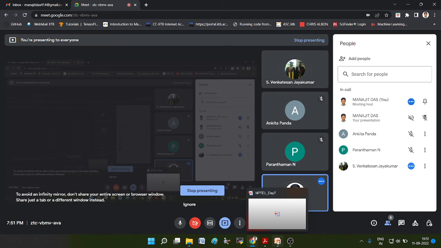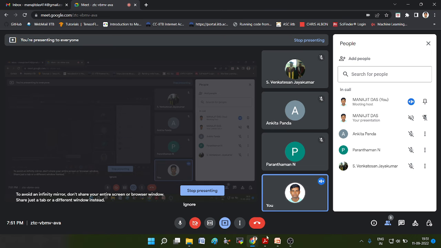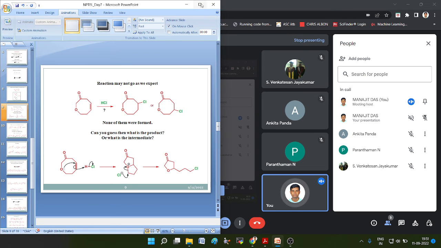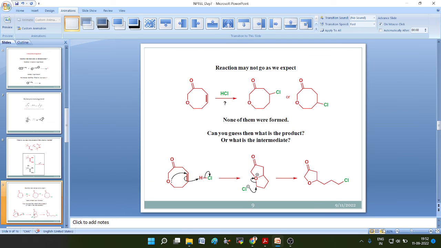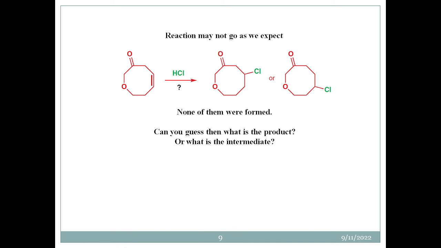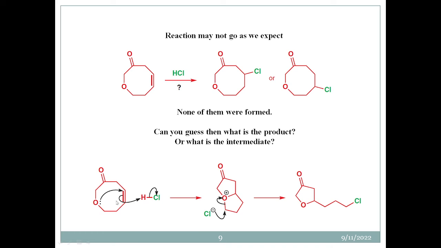Okay, sir. Only a few are there: Paranathaman and Ankita and you, Venkatesh. So it's okay, I will show it. It's a nice example actually, which illustrates different concepts. So you see here the presence of a nucleophile, this oxygen with its lone pair, when it abstracts H plus, then oxygen will directly attack here.